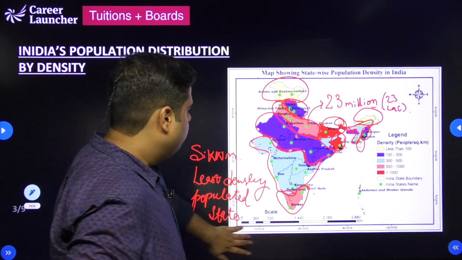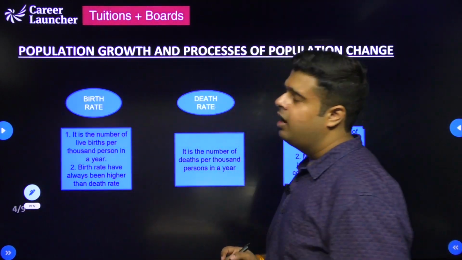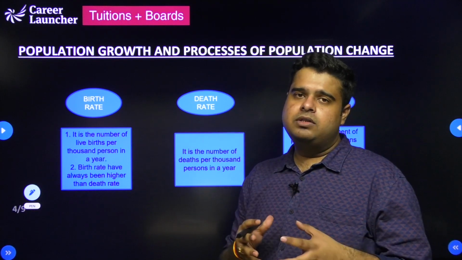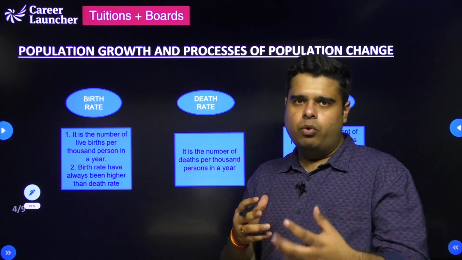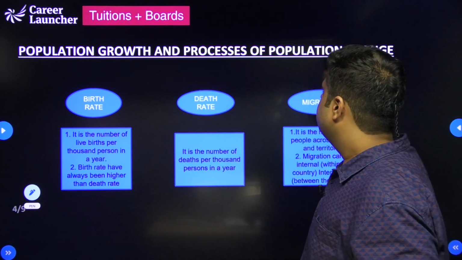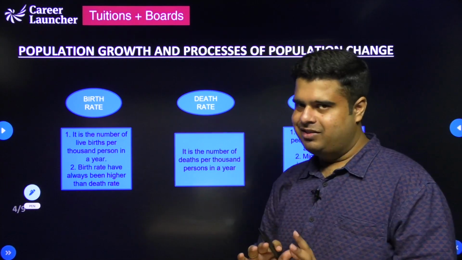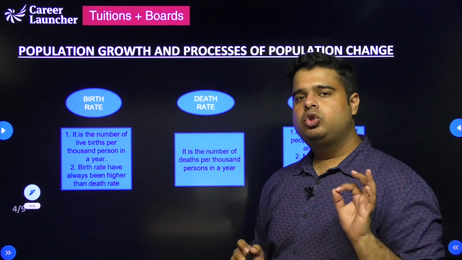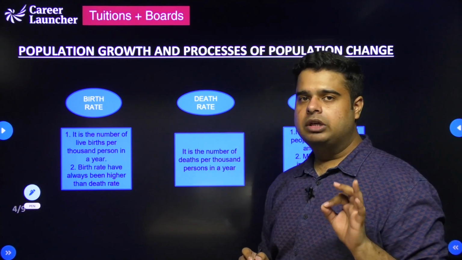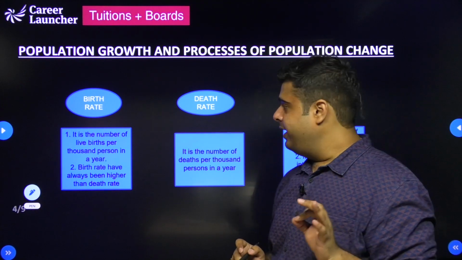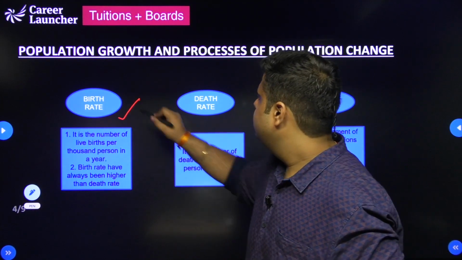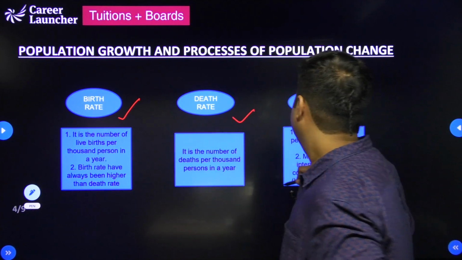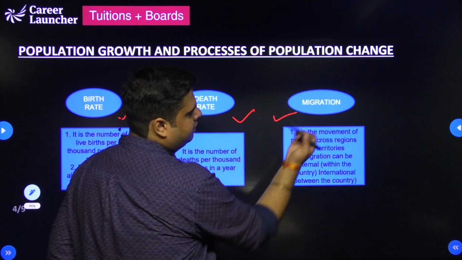Okay, moving ahead, let's understand how these figures grow. Population growth and the process of population change. There are a few important things to keep in mind: the birth rate, the death rate and migration.